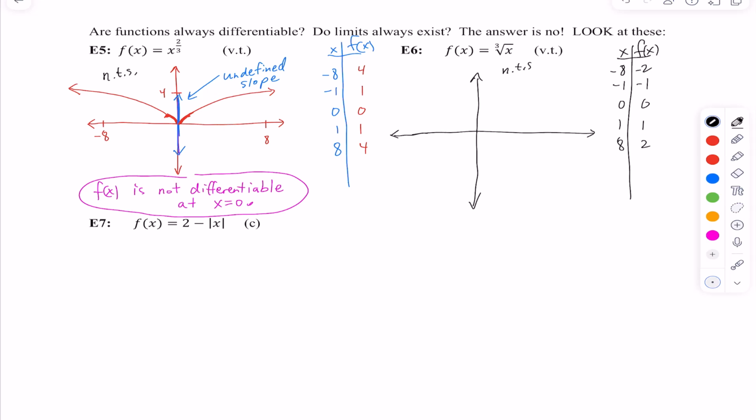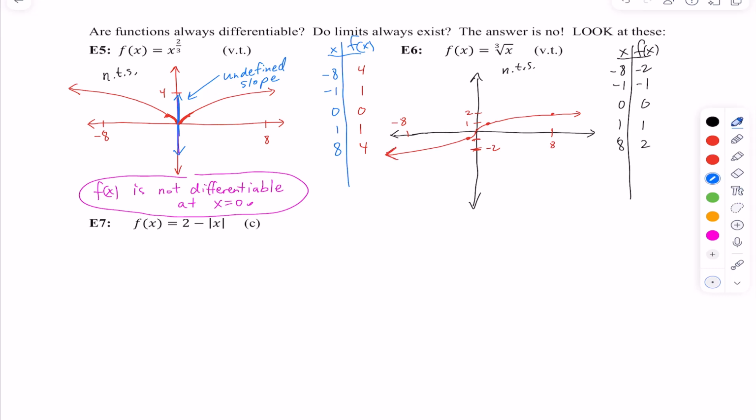It's not going to be extremely accurate. It's just a good enough sketch to help you understand that not all functions are differentiable. And like I said, this is good enough. It looks like a cubic function, but turned sideways.